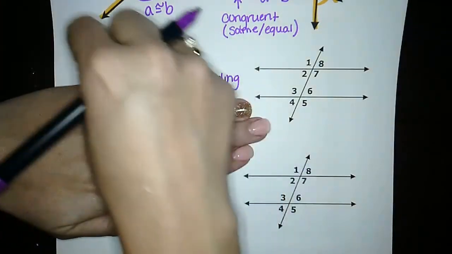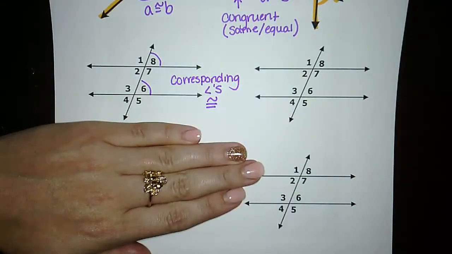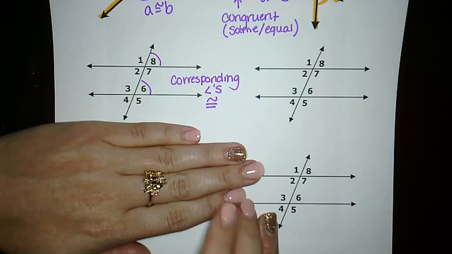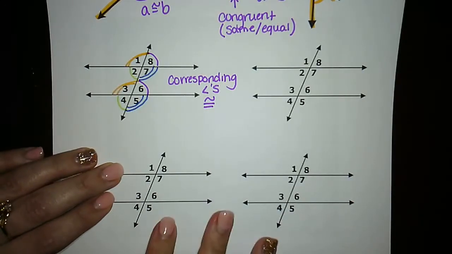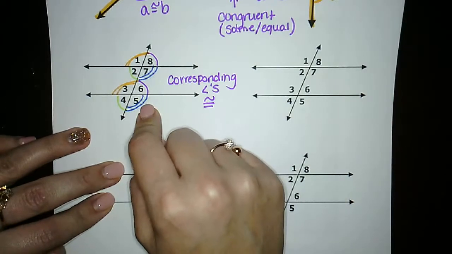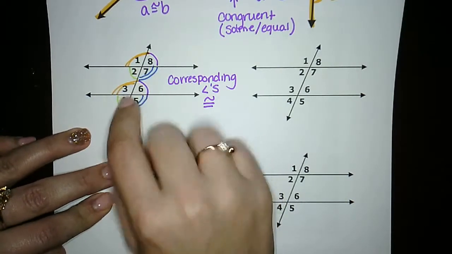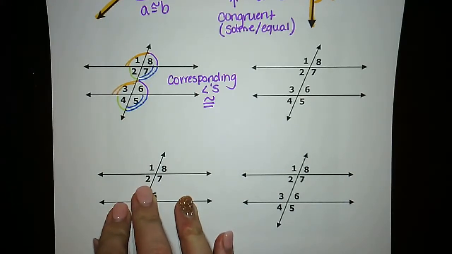So if I take this whole section and I move it down, 8 and 6 should be in the same position. So all of our corresponding angles are all of these sets. So 8 and 6 are corresponding, 7 and 5, 2 and 4, 1 and 3. Those are all corresponding because they're in the same position on the parallel line.